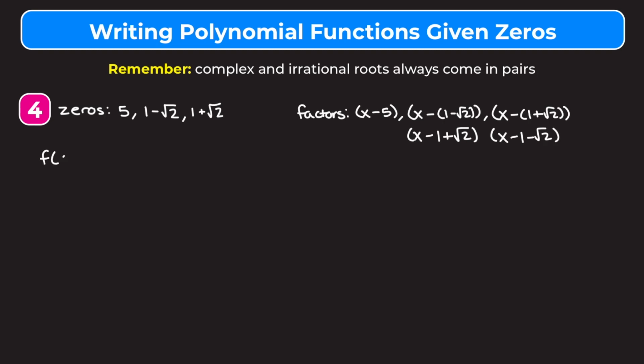So then to write our polynomial, we're going to multiply all our factors together. So I'm going to write it as x minus 1 plus the square root of 2 times x minus 1 minus the square root of 2 times x minus 5. And we're going to do that shortcut again and multiply these first two trinomials.